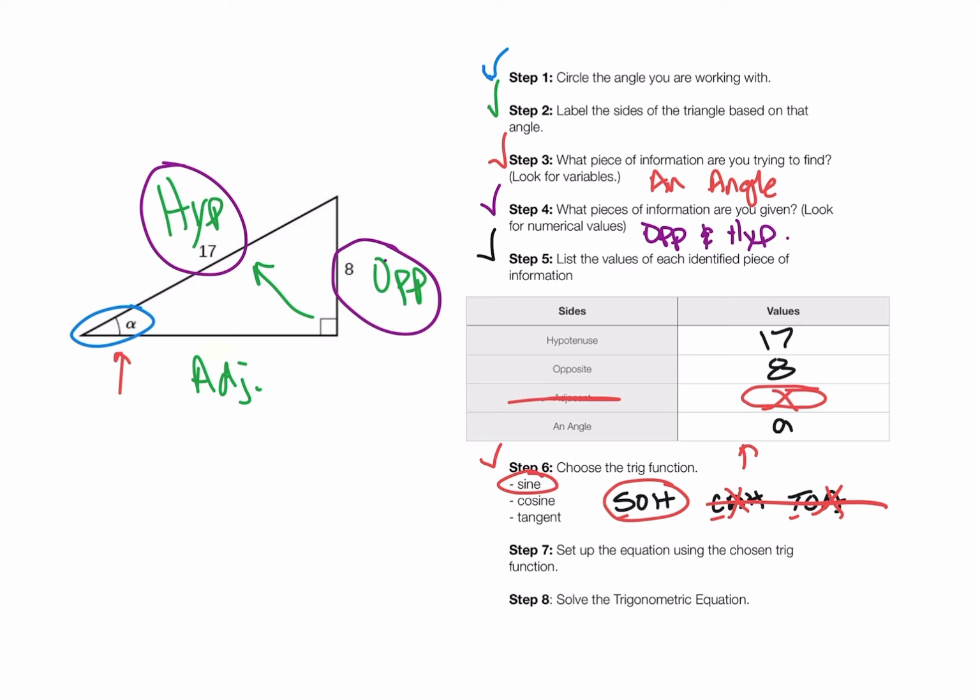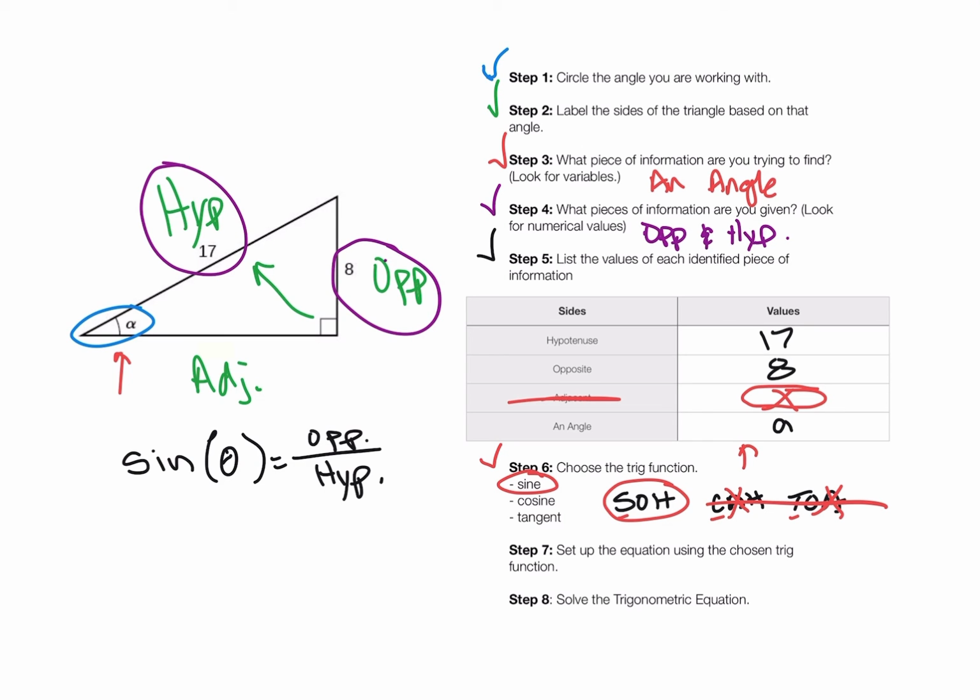Step 7, let me write out the trigonometric function for sine. It is sine of theta is equal to the opposite side over the hypotenuse, and we'll abbreviate those. Opposite over hypotenuse. Now let's input the values that we know into this function so that we can get ready for step 8 here.